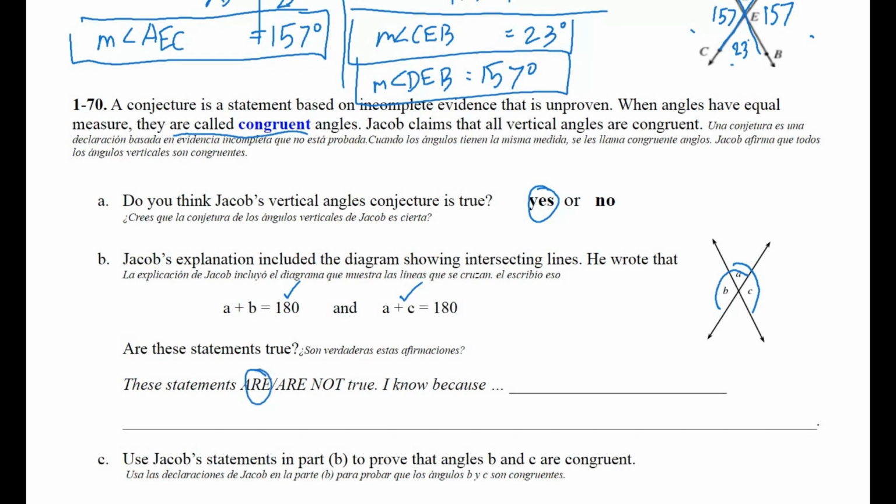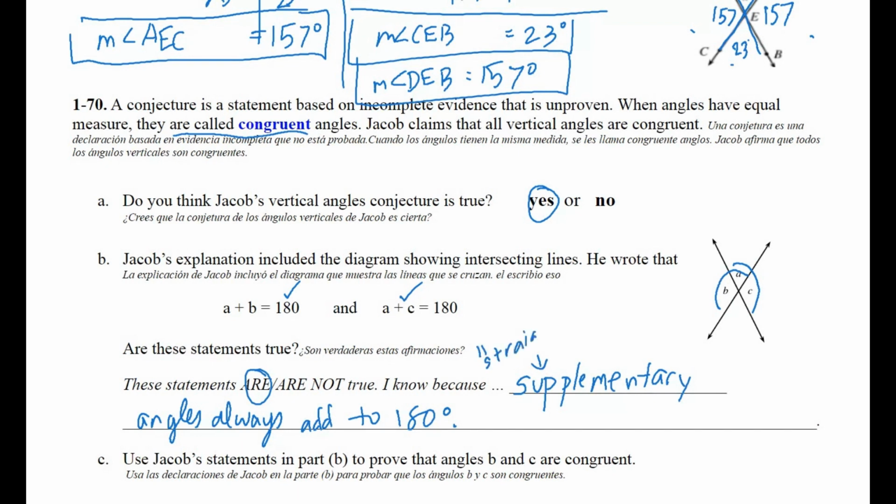I know because supplementary angles always add to 180 degrees. Supplementary means angles on a straight line, or a straight line pair.